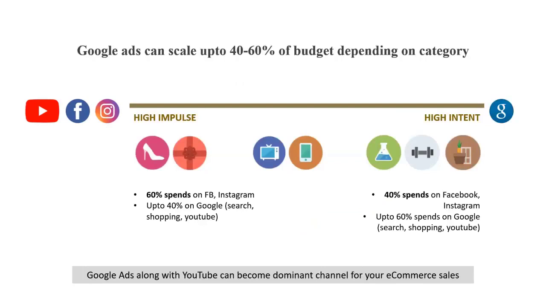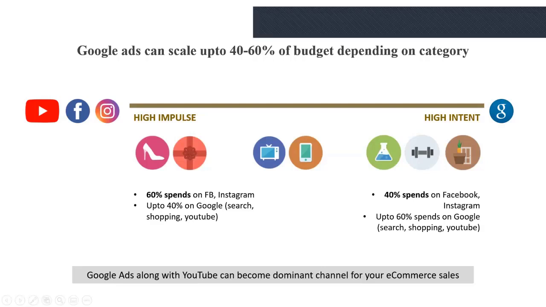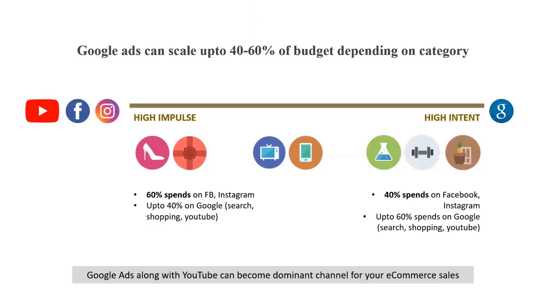So if you're on the extreme left, which is an apparel industry, which heavily depends on impulse purchases, you will see that Google contributes less than 20% of your sales. But if you're on the extreme right, and you're talking about an industry like, let's say, health and wellness, or you're talking about selling, let's say, weights, or selling protein, plant proteins like I spoke about, there is a huge search intent for these categories, and Google can take up to 60% of the overall spends.